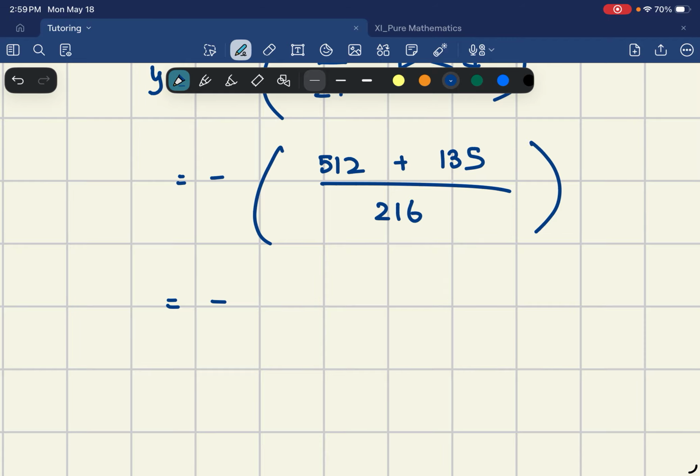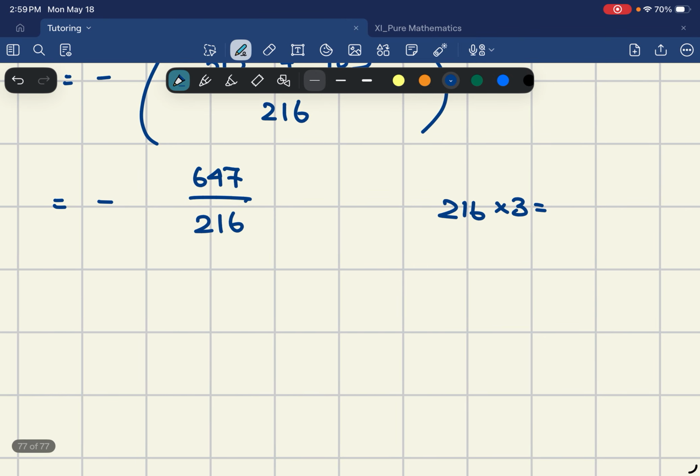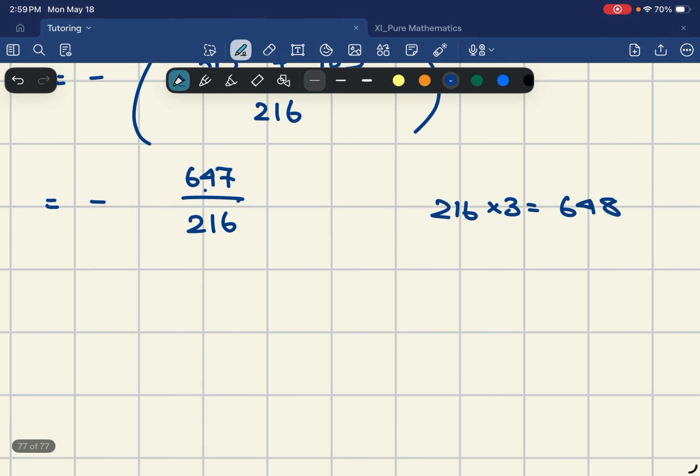If I add 512 plus 135, I get 647 over 216. Now 216 times 3, if you use your calculator, is going to be 648, so this is one less than this. So I know that it's going to be 215 over 216 in my mixed fraction.